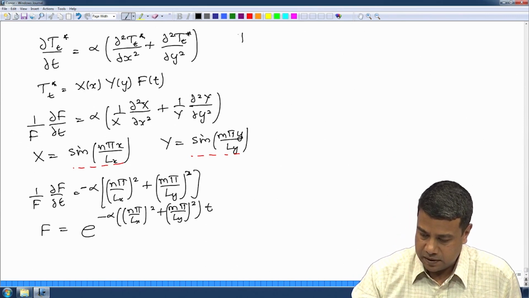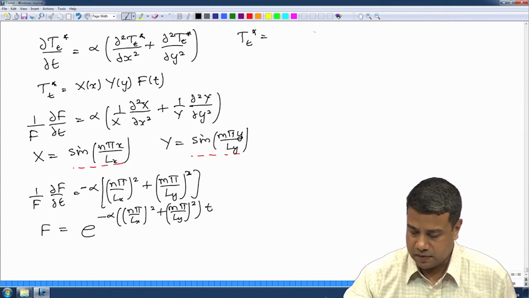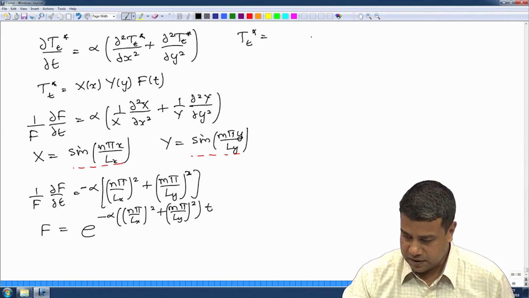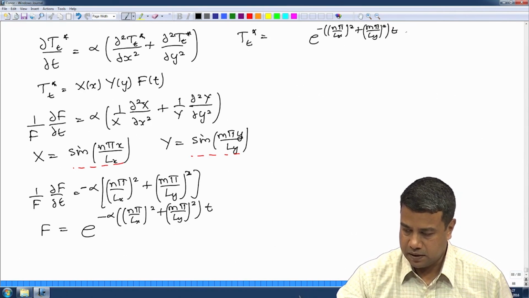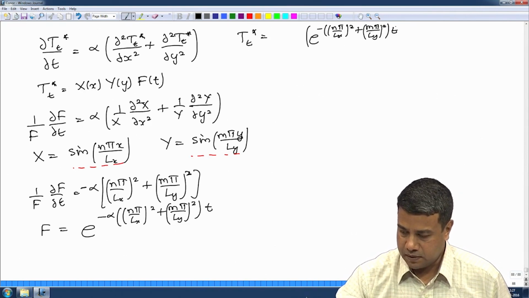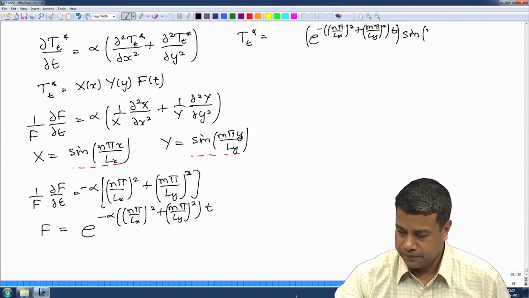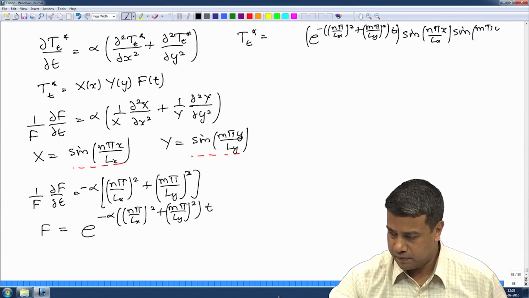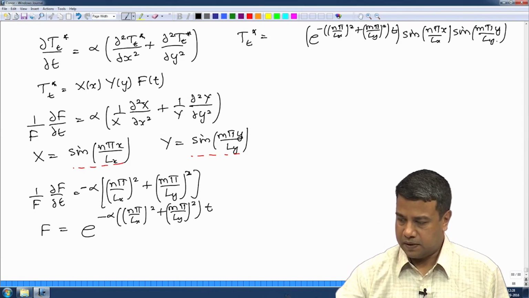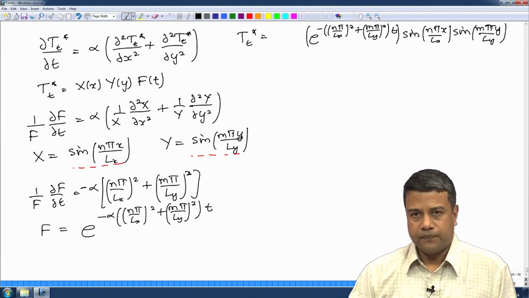The total temperature T star is equal to this function f, e power minus alpha into t, this into sine n pi x by Lx sine m pi y by Ly.